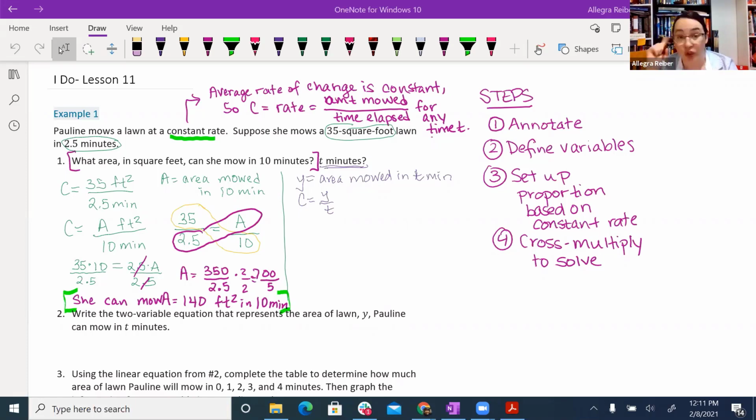So let's set this equal to the ratio that we do know, the rate of mowing over the first 2.5 minutes. So I'm going to set that equal to 35 square feet divided by 2 5/10 minutes. That is my proportion.